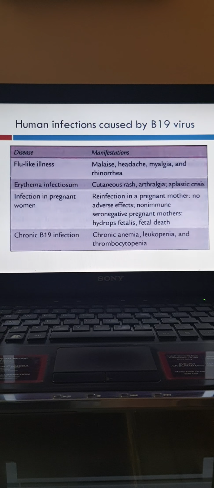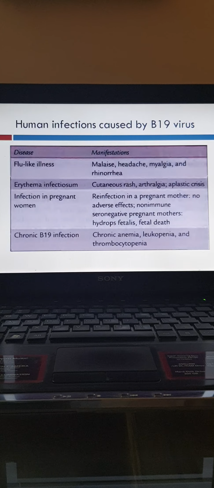It can also infect pregnant women. In reinfection in a pregnant woman, there would be no adverse effects. But if there is a non-immune, seronegative pregnant mother, then it can cause hydrops fetalis, leading to fetal death.